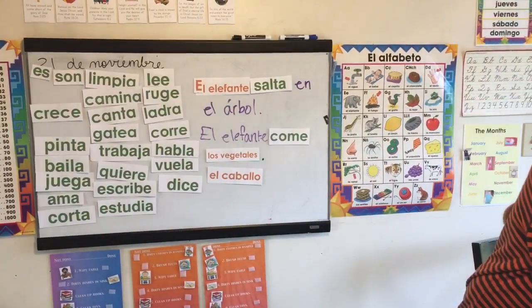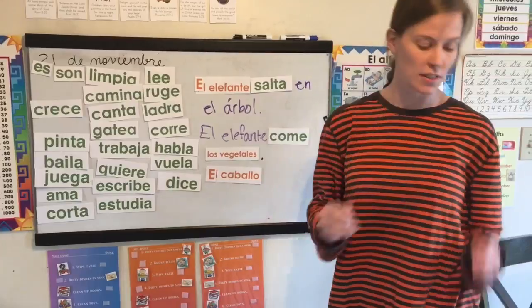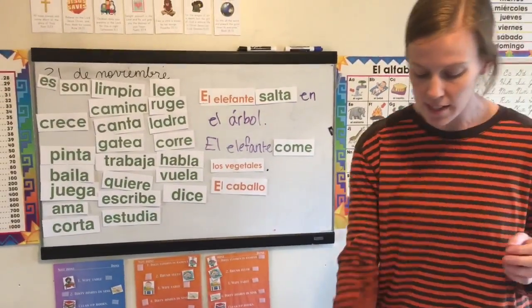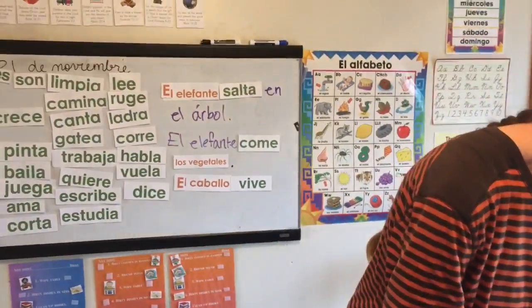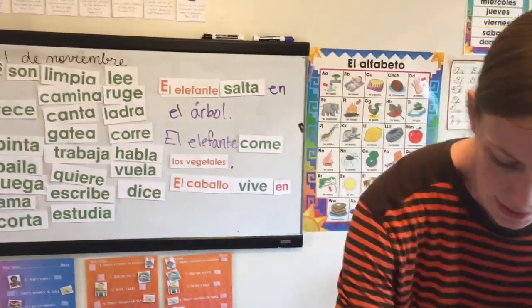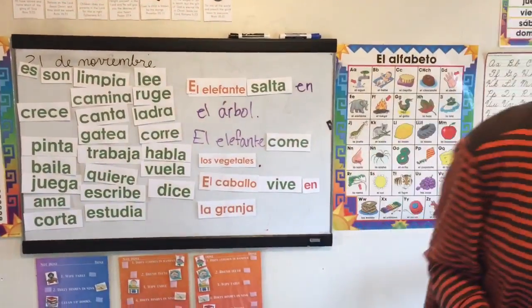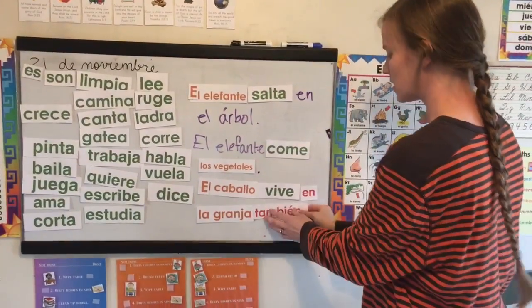And remember, this is going to be a full sentence, so I need to put a period at the end of it too. So I'm going to say el caballo vive, where's my en? En la granja. And then remember we learned this word, también, means also, very useful for sentences.